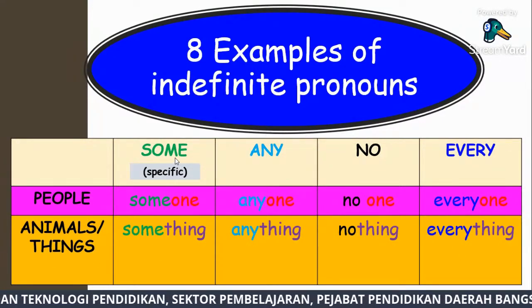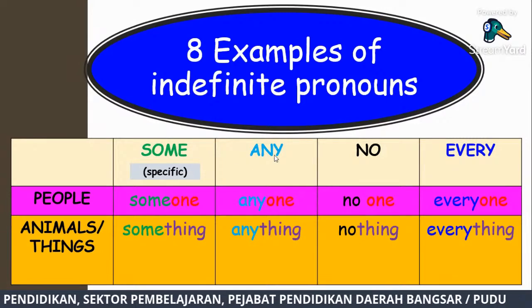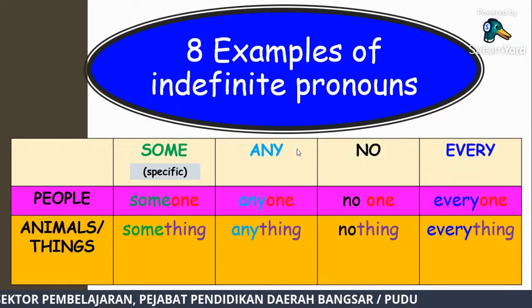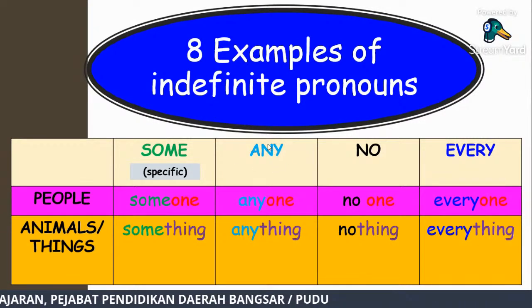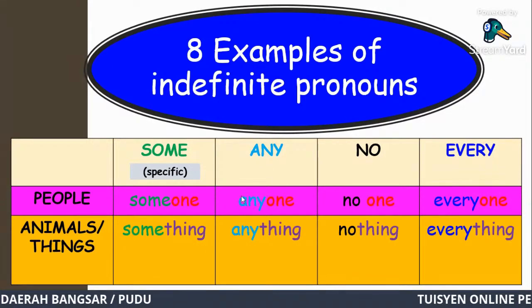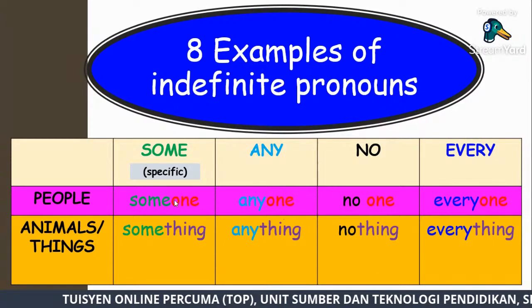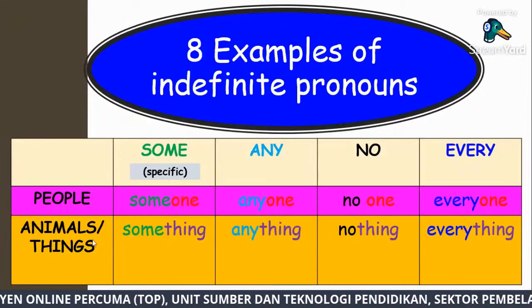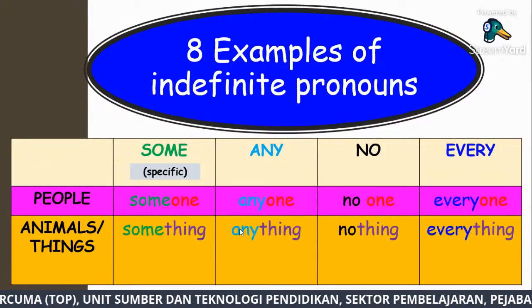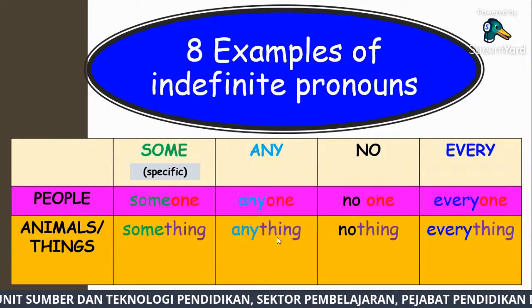And we will be using "any" in two situations. When we describe people, we will be using anyone. And if you are going to talk about animals or things, then you have to say anything.